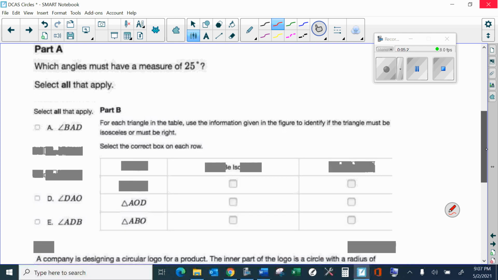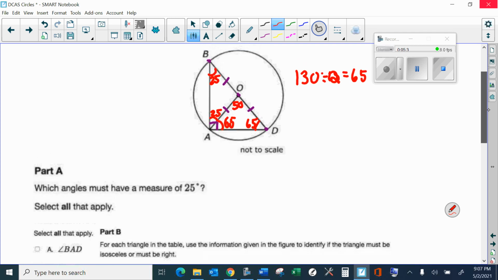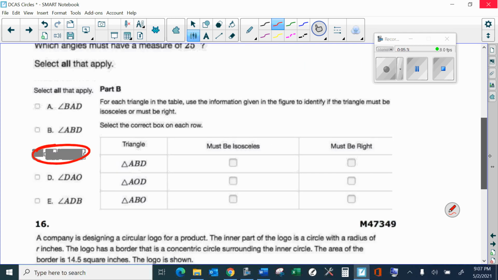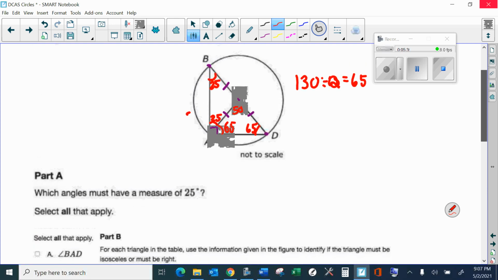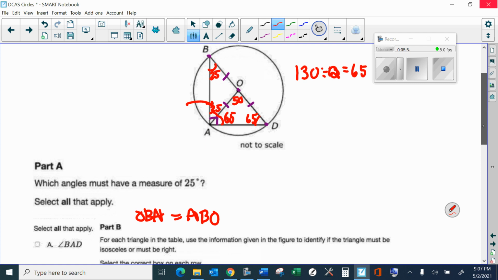Okay, another one we have is BAO. There's one. The other one, that's BAO right there. And OBA. Okay, so we can call it OBA, which is the same as ABO. That's our other one.